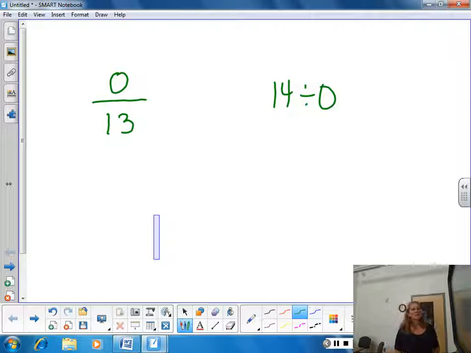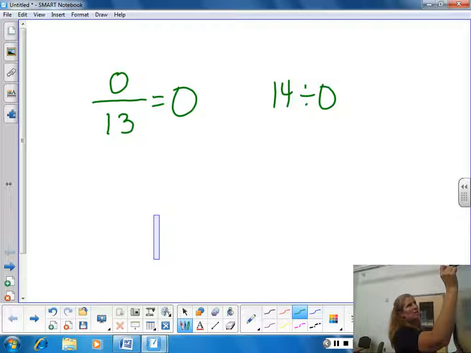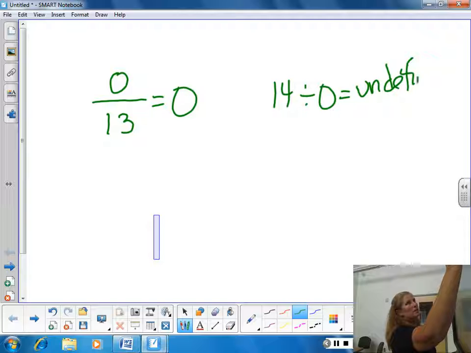Under is undefined. 0 is not under here, it's on the top. It's the dividend, so that's 0. 14 divided by 0, now 0 is a divisor. You can't divide by 0. This one is undefined. And the other one is 0.